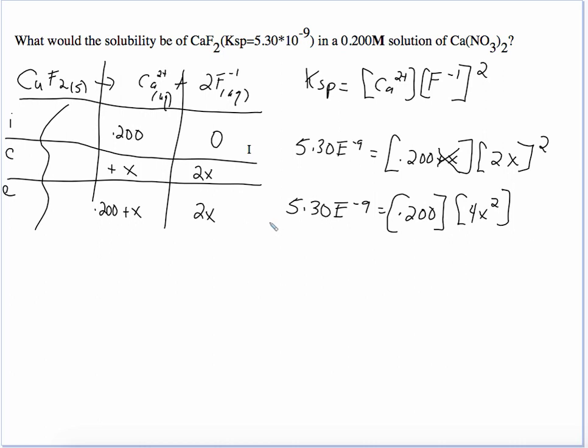Then if I solve for all this, I'm going to get that x is equal to 8.14 e to the negative 5. So that would be the molar solubility of calcium fluoride in a 0.2 molar solution of calcium nitrate. And you could see if you took 0.200 and add that to 8.14 e to the minus 5, you're still going to get 0.200.